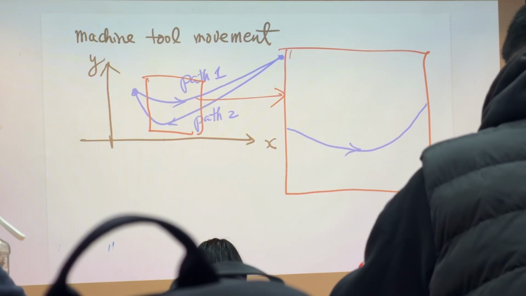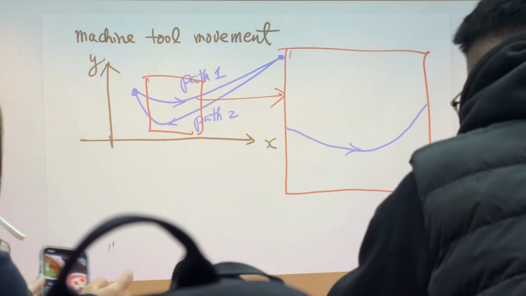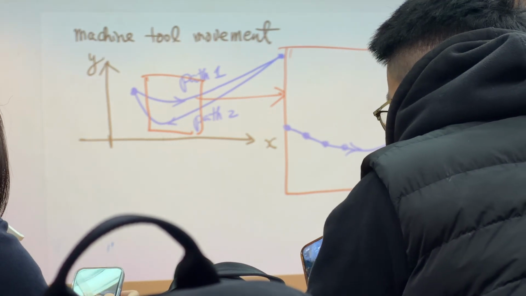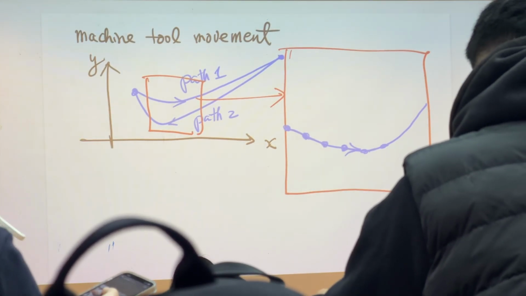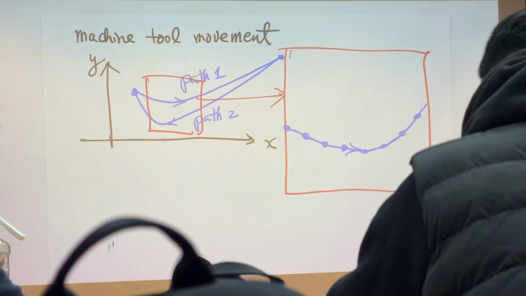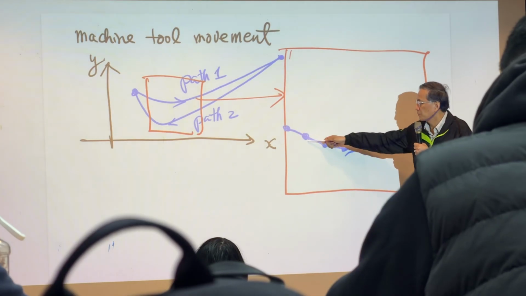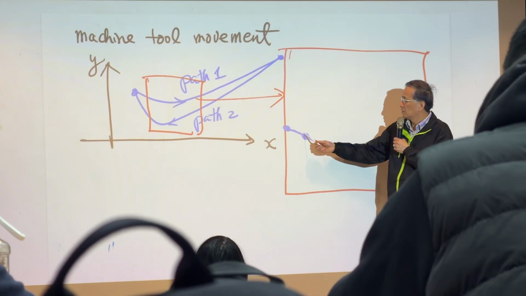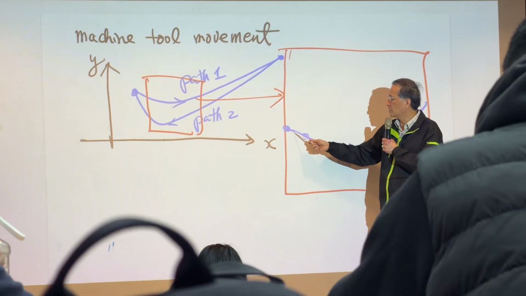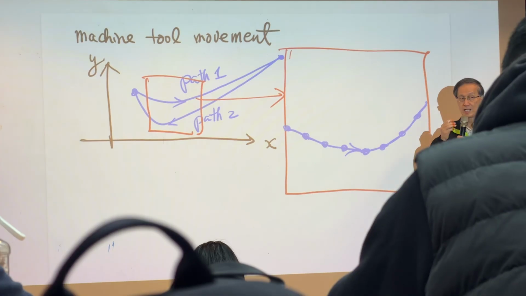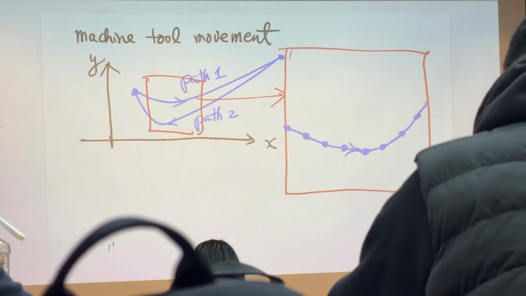So what happens is that we will generate many small segments from here to here, from here to here, here to here, here to here. They are approximated by small segments. So this is originally a curve, but we will generate small linear segments like this. 这些都是直线的线段，小线段。We call it NC segment, linear small NC segment.